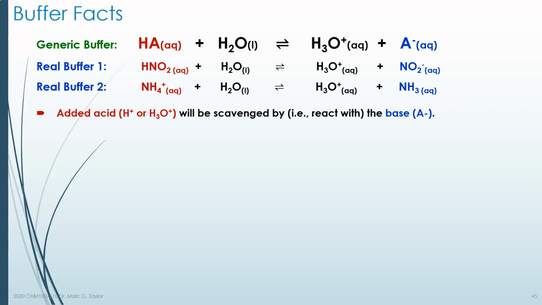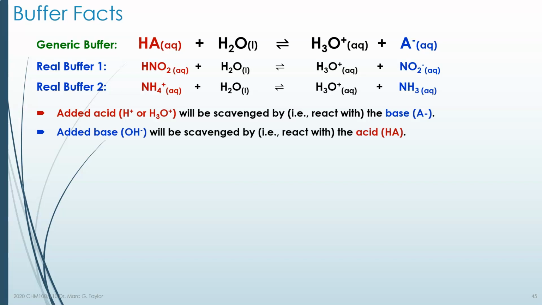So buffers act to scavenge either added acid or added base. So if we add a strong acid that's going to produce protons, that will really produce hydronium ions, H3O+, they'll be scavenged by the base component of our buffer. And if we add strong base that will produce hydroxide in our water, that will be scavenged by the acid component of our buffer.